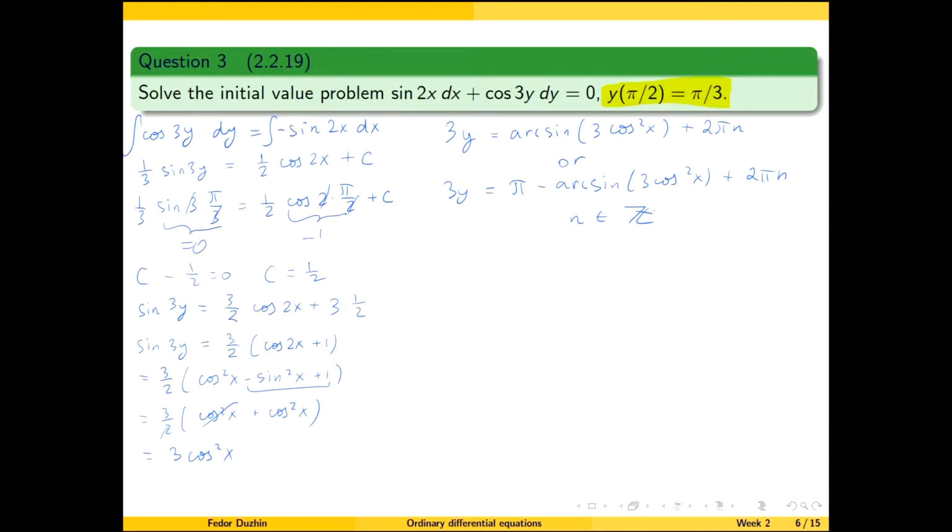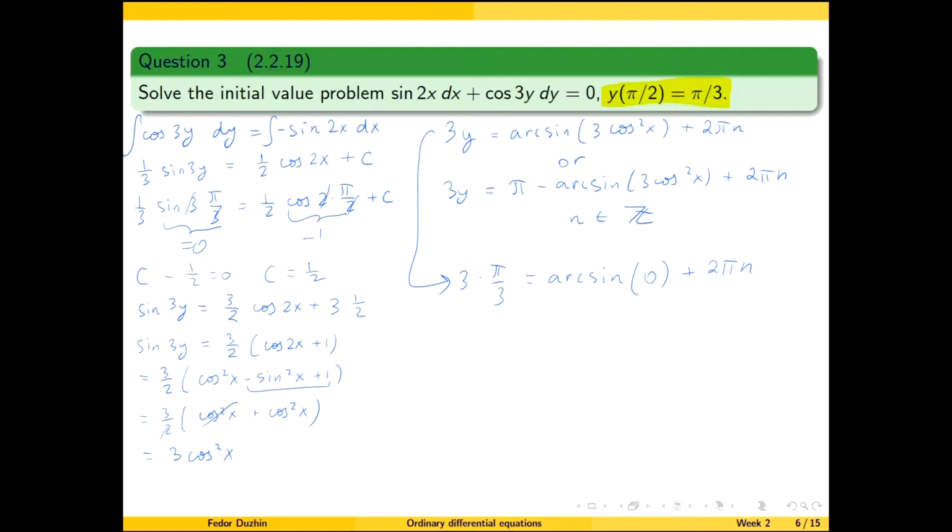How do we find it? We've got to use the initial condition again, right? So now let us try the first one. In the initial condition, y equals pi over 3, so 3 times pi over 3 equals inverse sine of 3 cosine square x. So x is pi over 2, cosine of pi over 2 is just 0, plus 2 pi n.